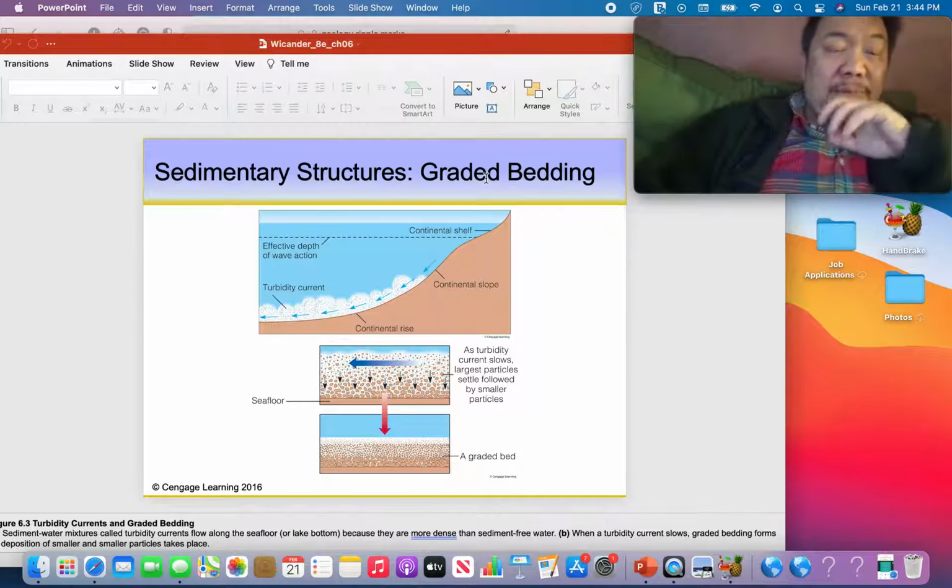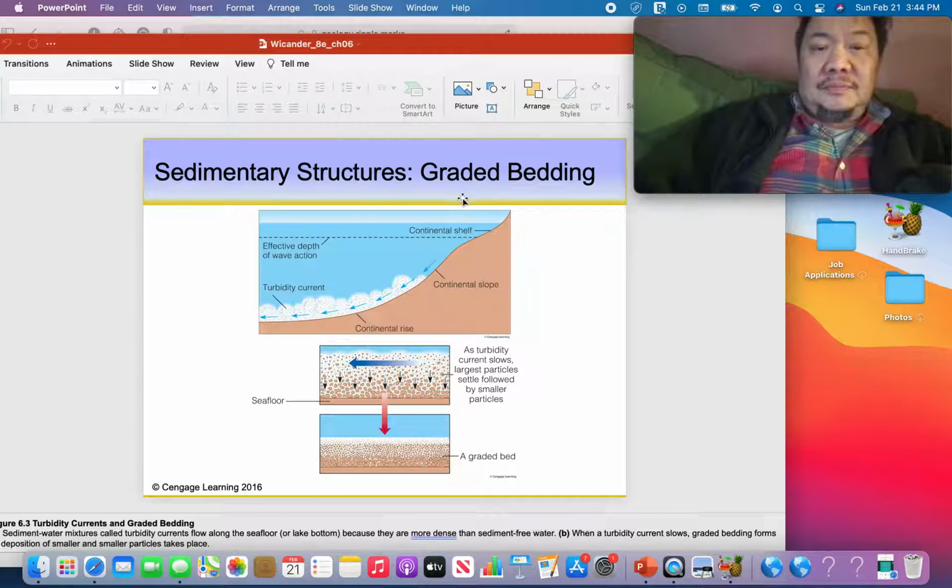Now, what is graded bedding? Well, in order to understand what graded bedding is, we have to look at the coastline. Some parts of the country we call it the shoreline. It means the same thing. Over here to the right you would have land, and then you have the continental shelf, which is the shallowest part of the ocean.